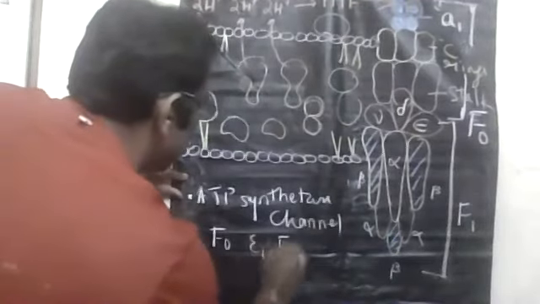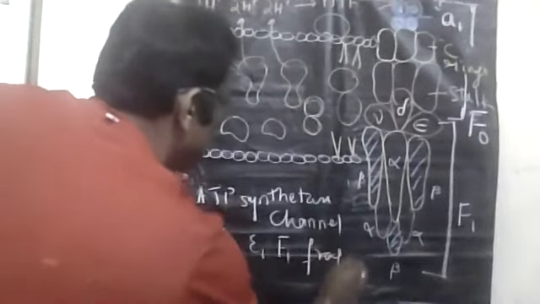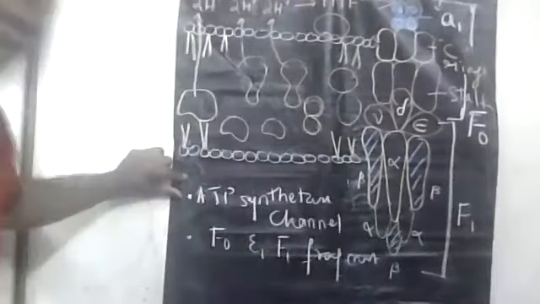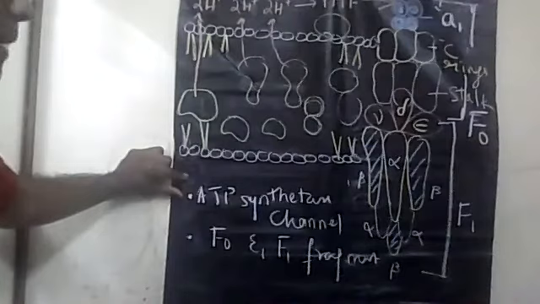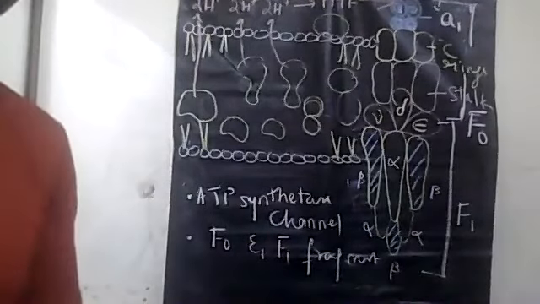F0 and F1 fragment. In F0, it has the A1 protein, C rings, stalk. In the F1 fragment, it will have gamma, delta, epsilon, alpha, beta sheets. All this will be mentioned. I'll give you notes. You have to explain the ATP synthesis channel.